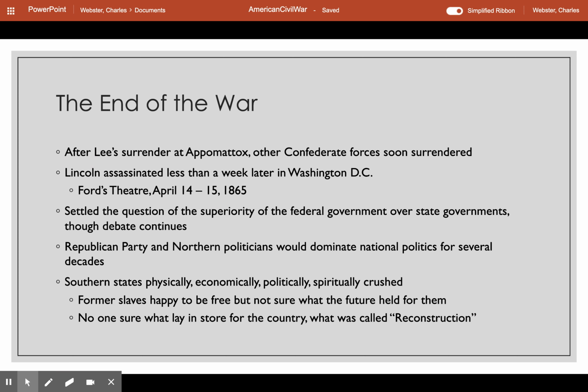The time period that followed the war was Reconstruction. We'll get into that more later, and we'll see that Reconstruction saw many advantages and many opportunities for African Americans and for the United States, but ultimately we fell short of what our goals were and what could have been at the end of Reconstruction.